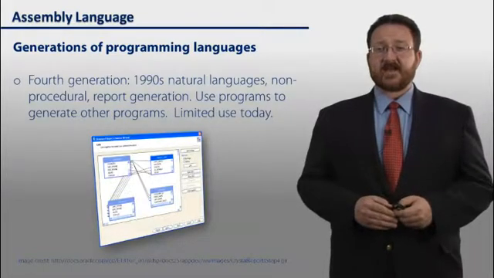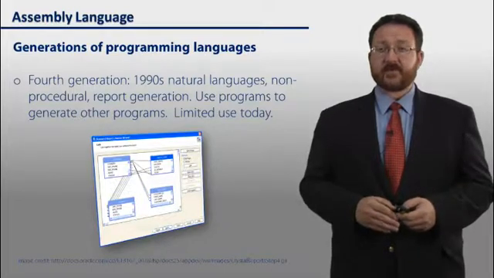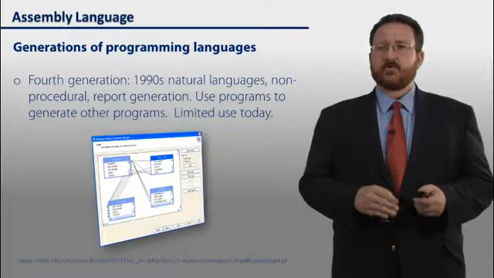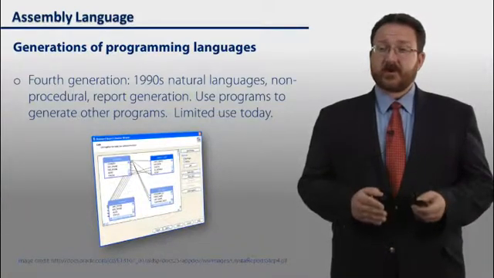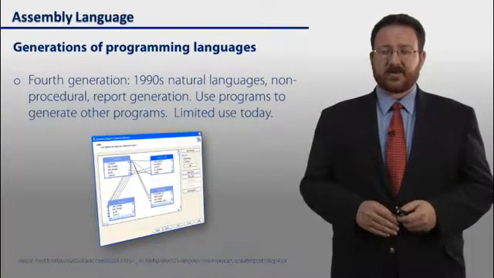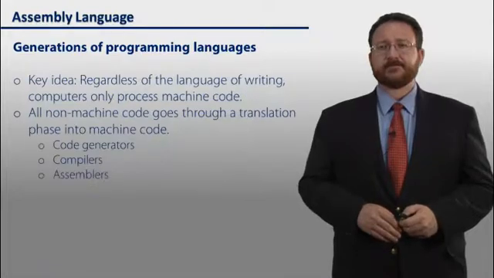There were efforts in the 1990s and the early 2000s to have a fourth generation of programming languages that use natural language or non-procedural languages or visual programming for report generation and so on. And these programs then generated other programs that were compiled and run on the computer. But that experiment was not particularly successful, and those are in limited use today, mostly in report generators for databases.